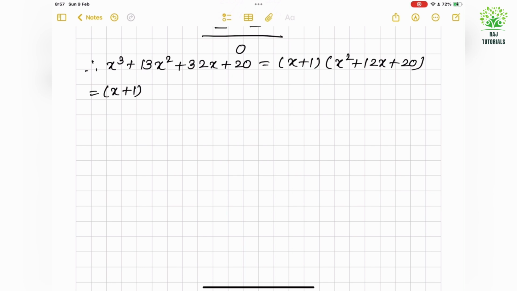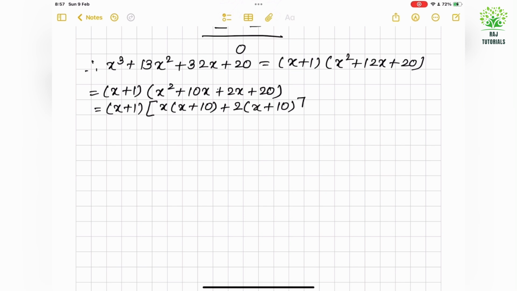So I can say x square plus 10x plus 2x plus 20. In the second bracket from the first two I am taking x common, so x plus 10, and from the second two terms I am taking 2 common, so x plus 10. So this will be x plus 1, x plus 2 and x plus 10. So these are the three factors of that.